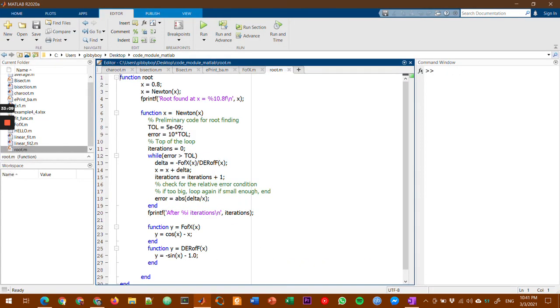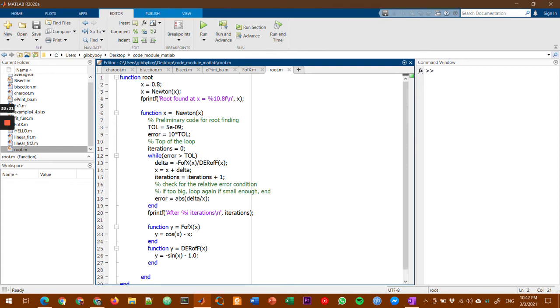So, I have here the MATLAB code for the Newton-Raphson. I named it a function file called root. So, initially, this is the initial value of your x naught, or x1, or x naught, I mean. So this is 0.8, or close to pi over 4.